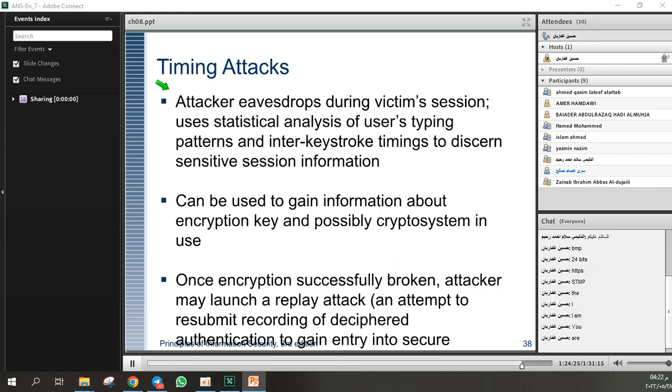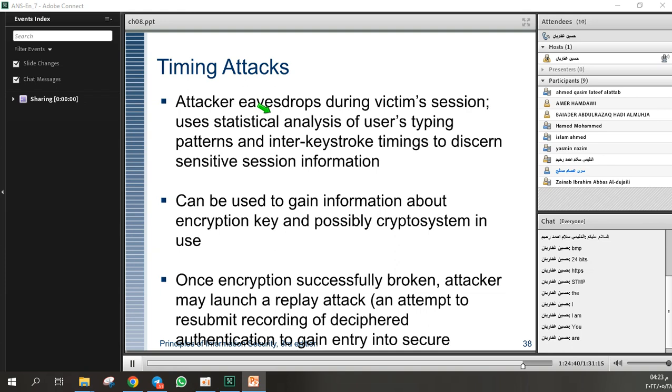Another attack is the timing attack. In a timing attack, the attacker eavesdrops during the victim's session.